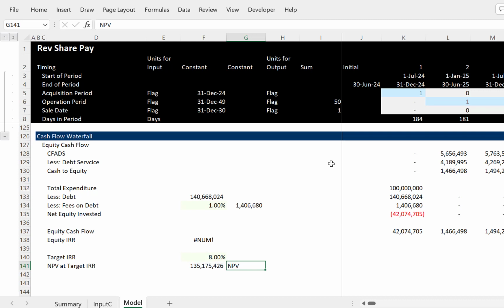We're going to show you that the iteration button completely fails because we have this goal seek in here once we put the circular reference in.